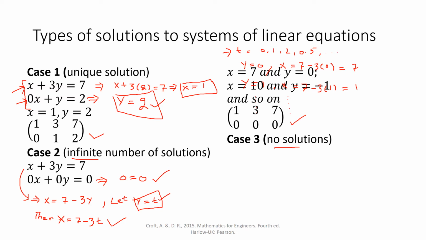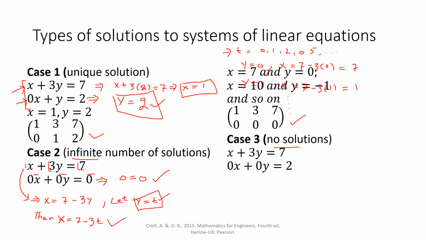So the augmented matrix for this is 1, 3 and 7 here. The last row 0, 0 and 0. So that is the augmented matrix. Now let's come to the third case.